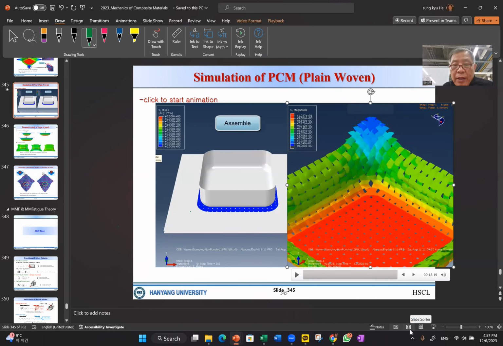I don't mean to discuss how to calculate it, but understanding this kind of behavior is very important in the design or manufacturing of composites.